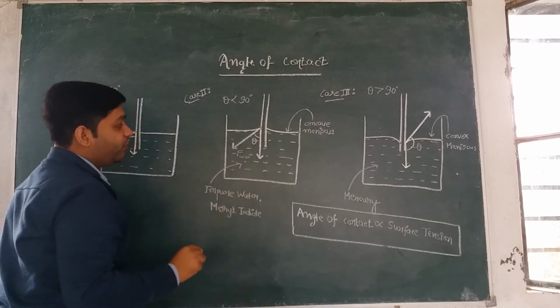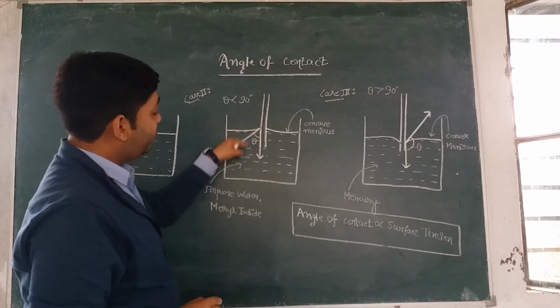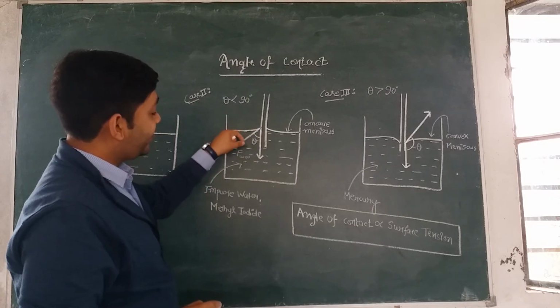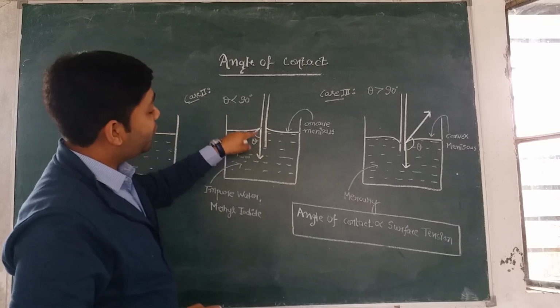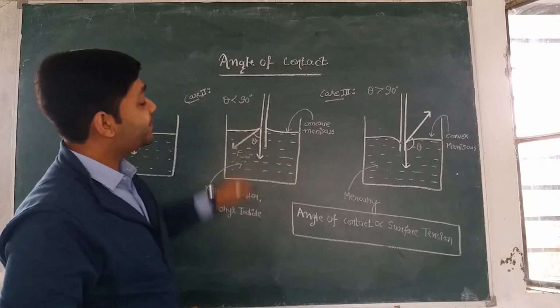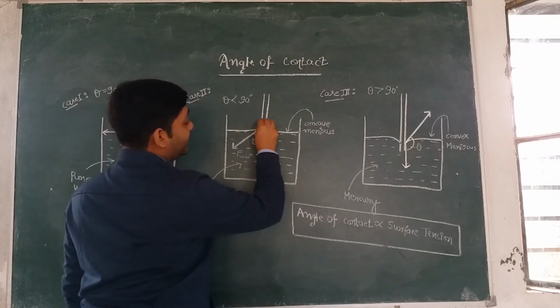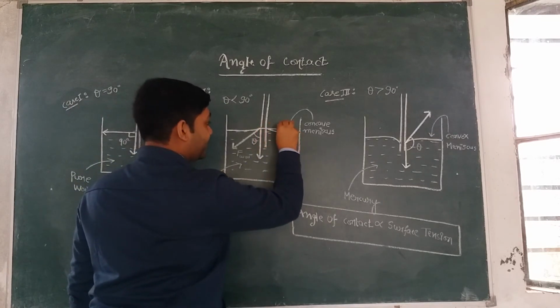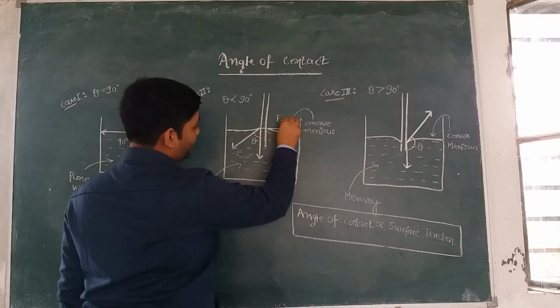Remember, this is impure water. So let's say this is the direction of force in which the bulk molecules of water try to attract the molecules present on the surface of water, right? And there will be one force like this, and this is the force between water and glass molecules.